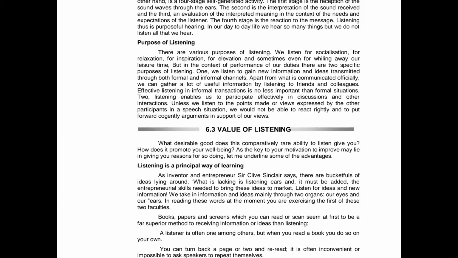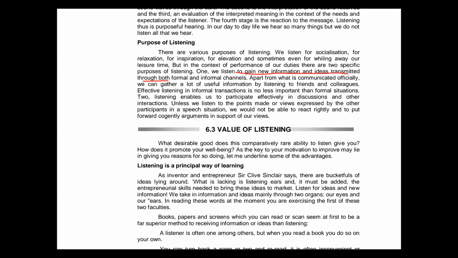Apart from what is being communicated officially, we can gather a lot of useful information by listening to friends and colleagues. So effective listening in informal transactions is no less important than in formal situations.